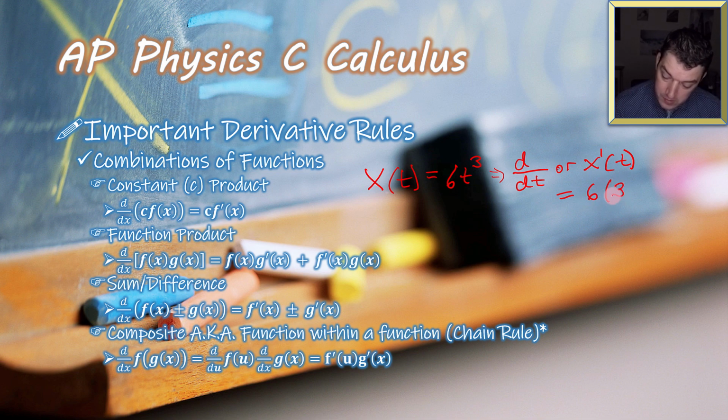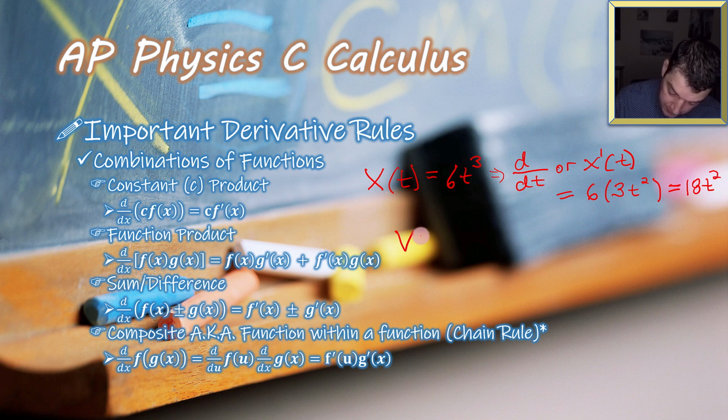That's the power rule. That's 3 times t to the 3 minus 1, or t squared. And 6 times 3 times t squared is equal to 18t squared.